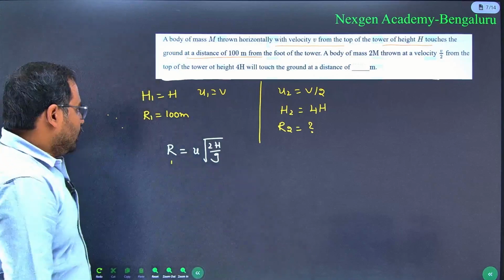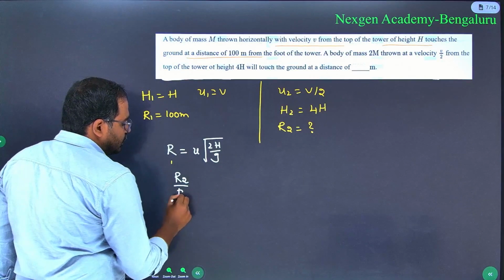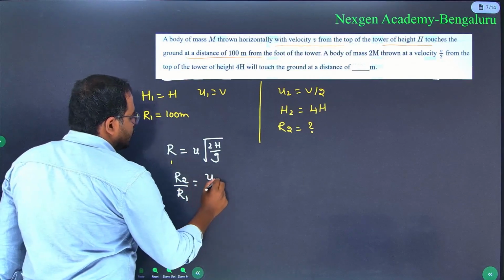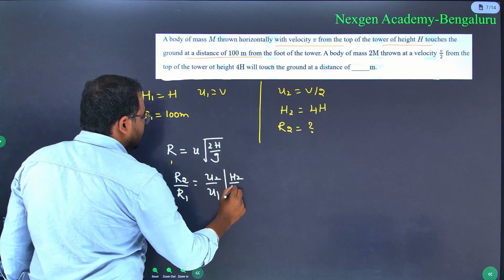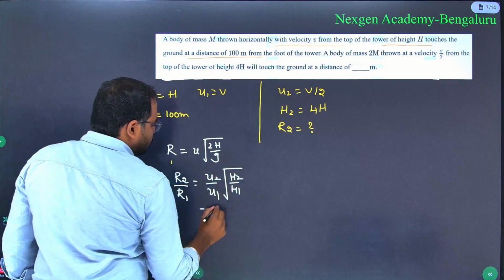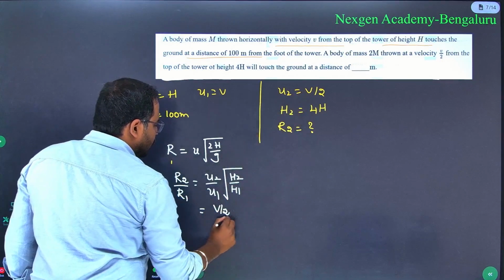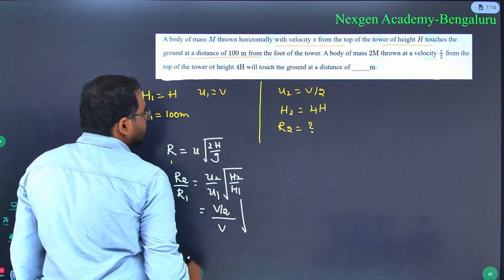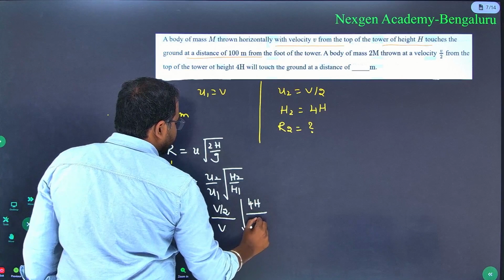So therefore here we can write r2 by r1 is equal to u2 by u1 into square root of h2 by h1. Okay, this is equal to, here u2 as v by 2 and u1 as v, h2 is equal to 4h and h1 is equal to h.